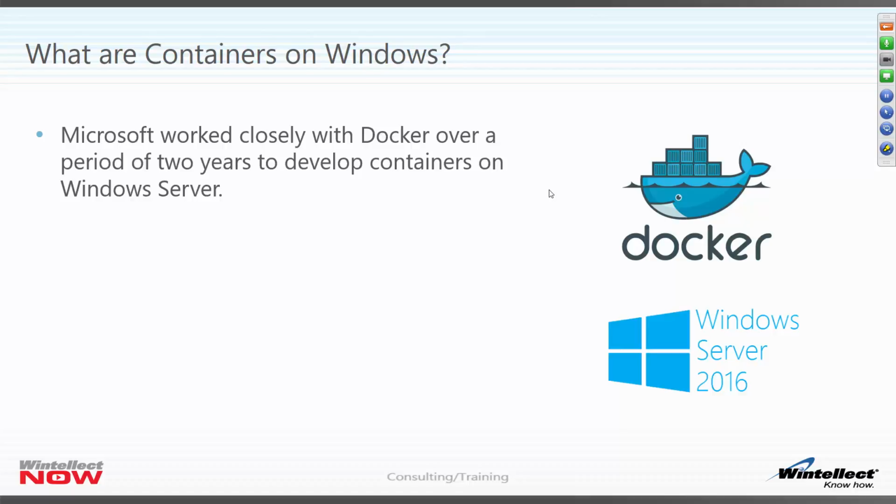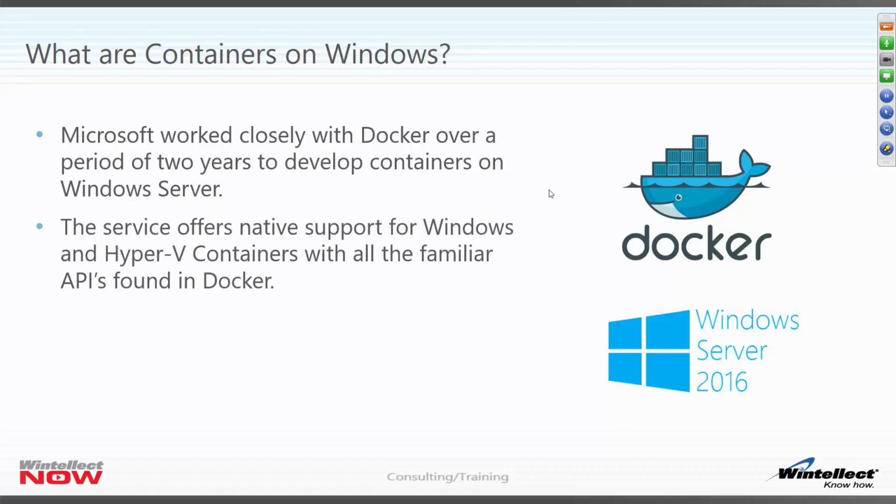But here recently, with the introduction of Windows Server 2016, now you can run containers natively on Windows thanks to this partnership with Docker and the Windows Server team. The server offers native support for Windows and HyperV containers, and we're going to talk about what the difference between a Windows container and a HyperV container is in a moment.